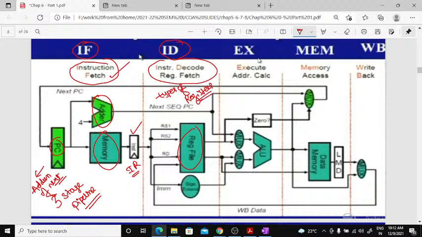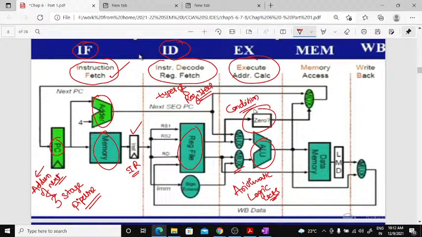Then the execution stage, where it performs the execution. Execution means arithmetic logic circuits. Then there is a mux circuit, and here you can see a condition check.